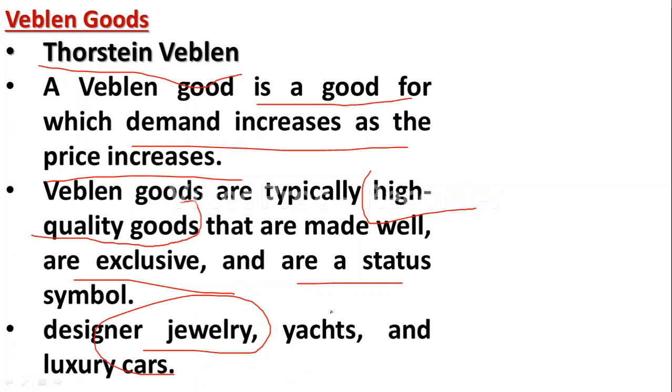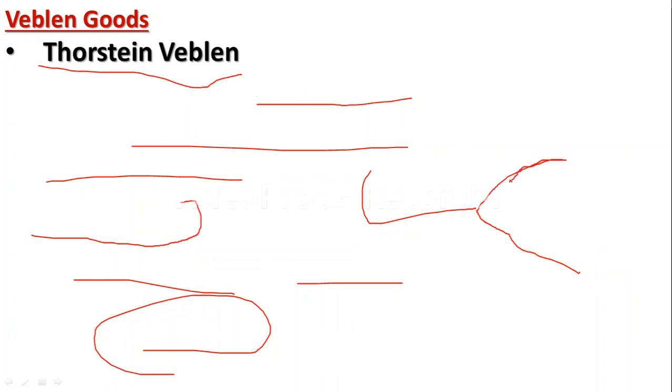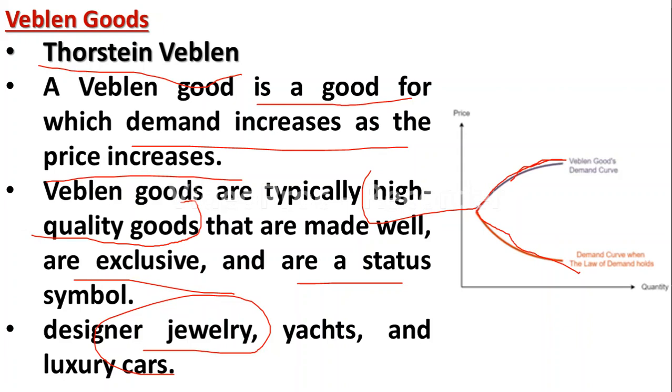Yes, all will come under Veblen goods. So here this is the normal demand curve, but this is the Veblen demand curve, because there is a direct relationship between price and demand. Because of this, the demand curve is moving upwards.